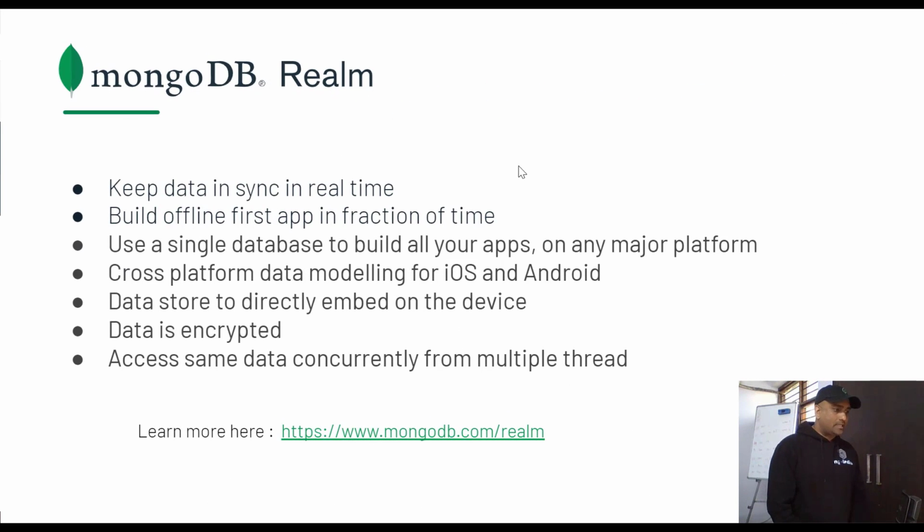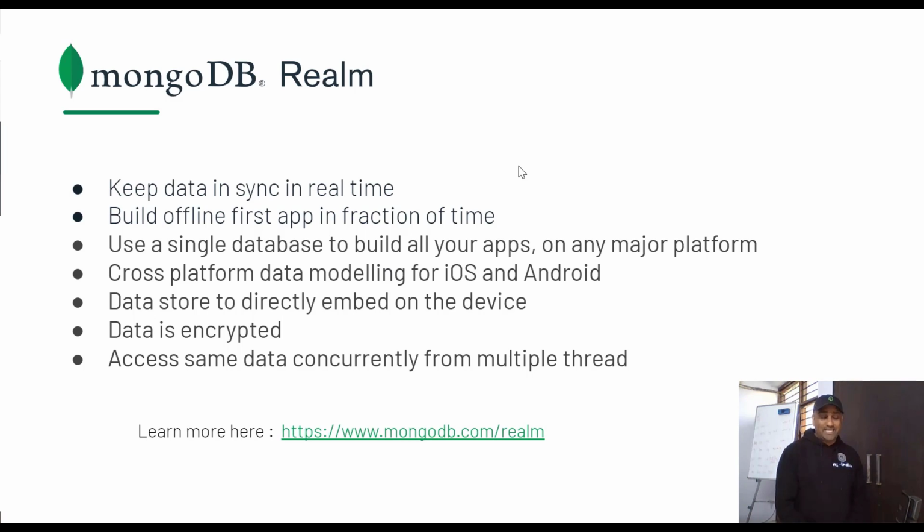Next, if you are using MongoDB Realm for mobile applications, it helps you keep data in sync in real time. You can have data on the device, and when there's internet, it can sync back to the server.